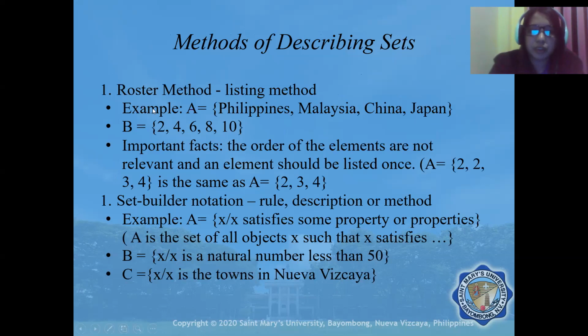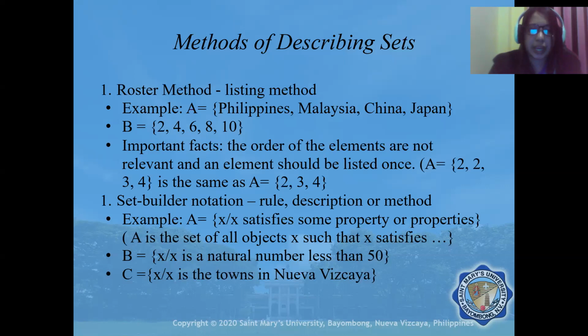for set A, it is a finite set. It's very clear that the elements are Philippines, Malaysia, China, Japan. So we have 4 elements. And also for set B, 2, 4, 6, 8, 10, it is countable. We have 5 elements.